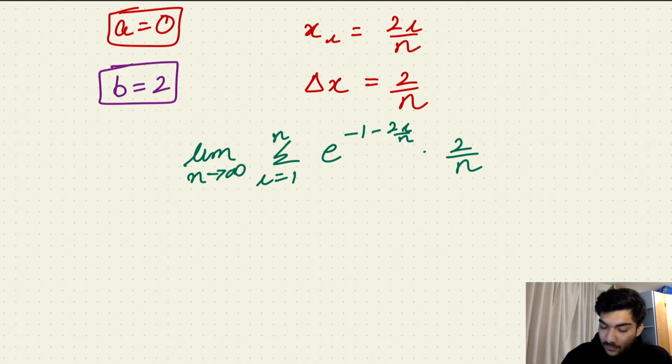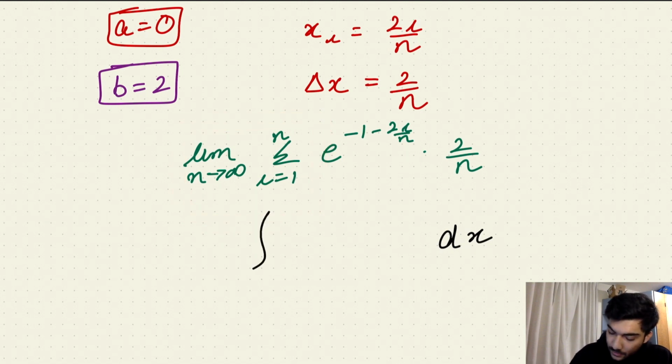So now I know I have to change every occurrence of 2 by n to dx. So let me write dx in this case. This expression will be changed to a definite integral expression. So it would become the definite integral sign with the endpoints 0 to 2. Right?